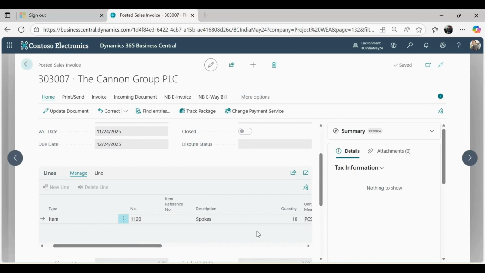Now we come to the most important part. When I post the sales invoice, Business Central performs two sets of accounting entries, one for sales revenue and one for COGS. Let's look at the entries.